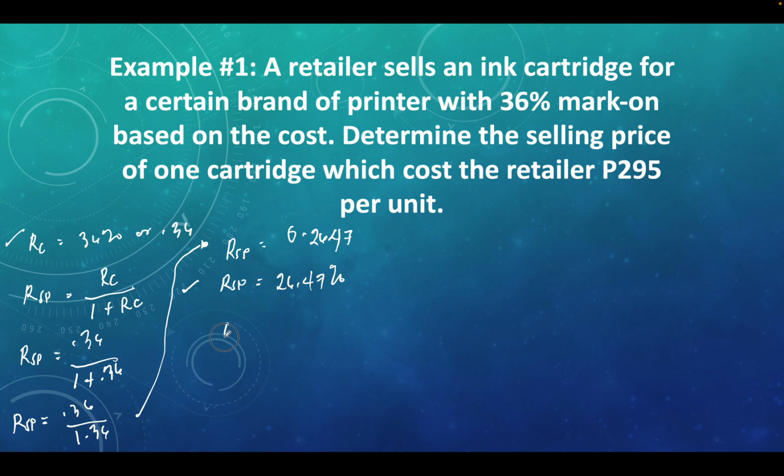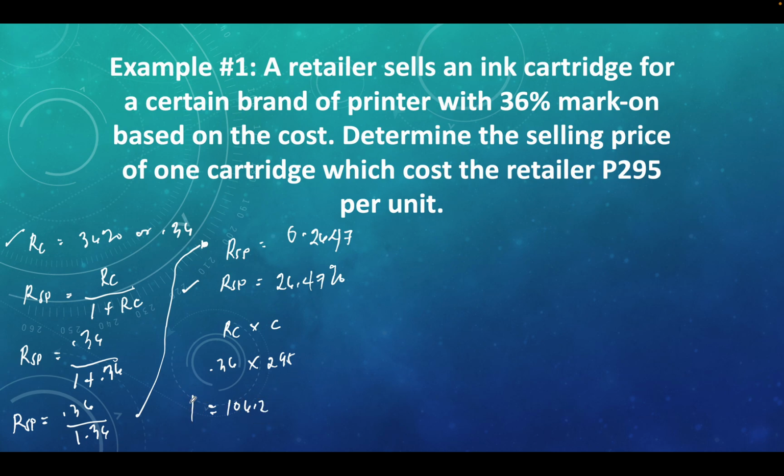So, subukan muna natin yung rate based on cost times the cost natin. Ang gagawin mo for checking, rate based on cost mo, multiply mo lang siya sa cost. Rate based on cost is 0.36 times yung cost natin, which is 295. Okay? So, 0.36 times 295 is equivalent to 106.2.